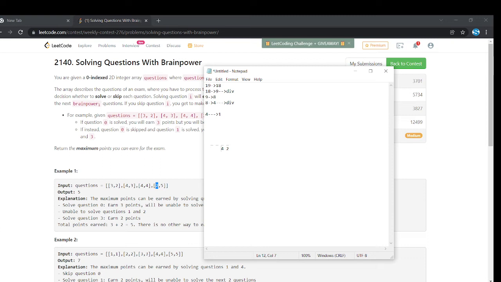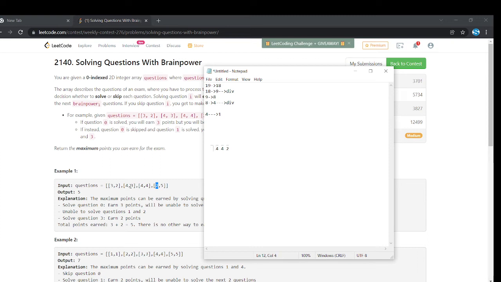That's what solving the third question would look like. And if we solve the second question, what's the maximum score I can achieve? I won't be able to solve the third one, so the maximum point that could be achieved is 4 only, since that would be the only question I would be solving, as the next 3 questions won't be available after solving that one.